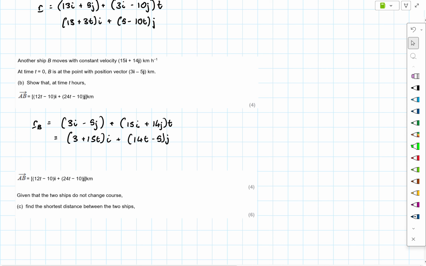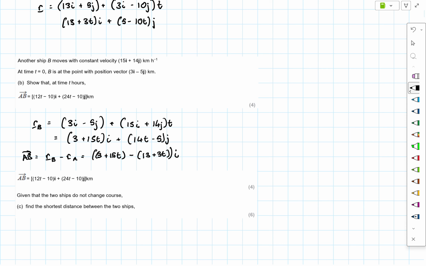And again, this should be pretty well ingrained into you now. If you're going from A to B, to get that vector, you subtract A from B. So A to B is RB minus RA, which will be 3 plus 15t minus 13 plus 3t i.